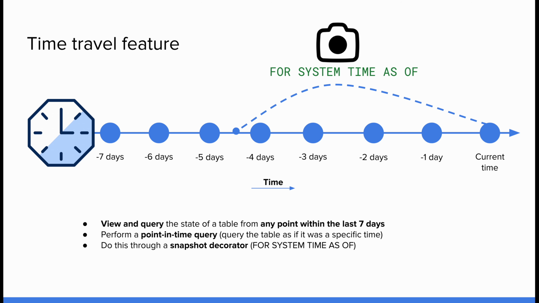And you'll see that in the query syntax as FOR SYSTEM_TIME AS OF, followed by your chosen timestamp. It's good for situations like fixing accidental changes, performing audits, debugging, recovering from app errors, or performing a comparative analysis or even trend analysis with past data.